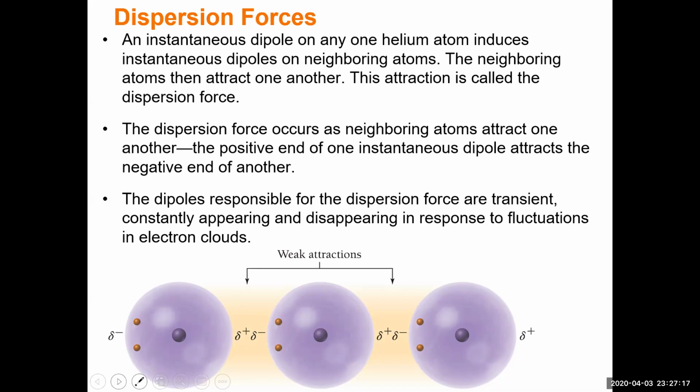On this last slide, we saw that one helium atom had a partial negative charge on the left side and a partial positive charge on the right side. As it gets close to its neighboring atom, the partial positive end of that atom will induce a partial negative end of the next atom.